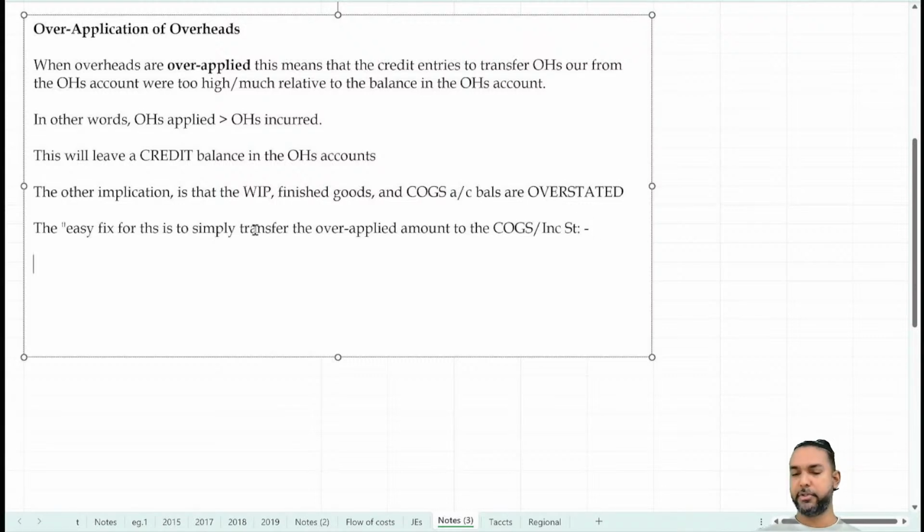Right, and how do we do that? So we're going to debit the cost of goods sold, debit the overheads account and credit either the cost of goods sold account or the income statement, income clearly.